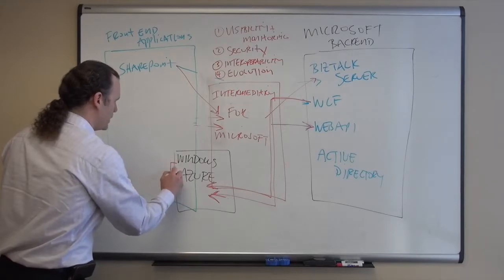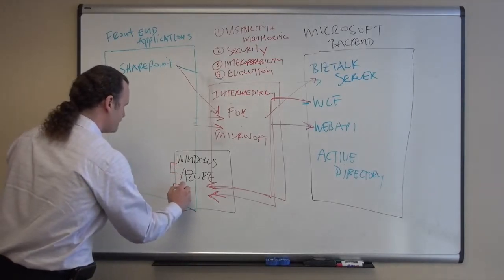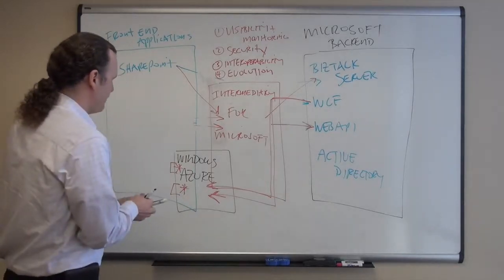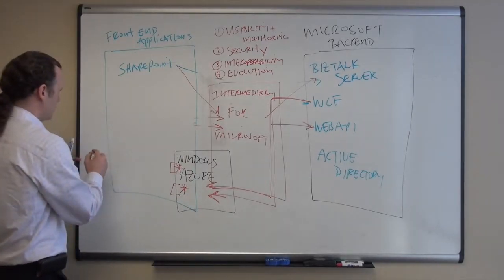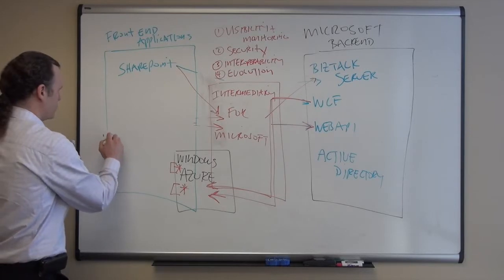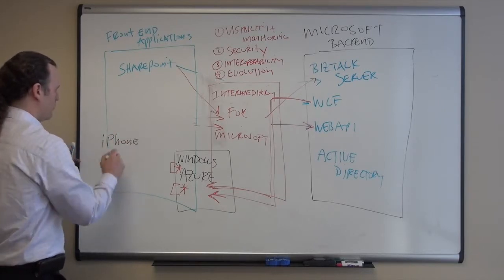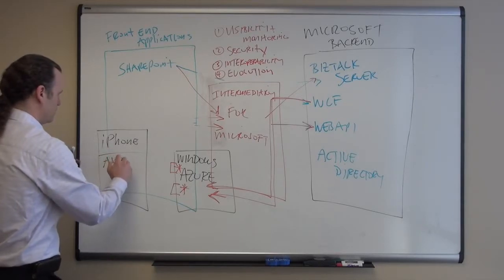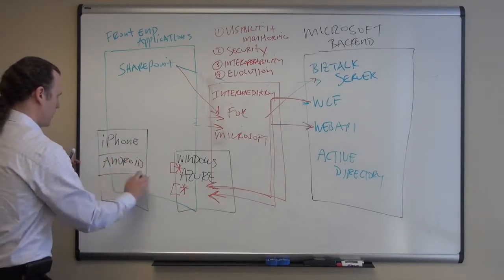And essentially, you wind up with APIs over here that are then accessible. And then you can have apps running out on the cloud. So I'm going to draw also in black here. Sorry for all the overlapping here, but we're going to have things like iPhone, Android, and Windows Phone.